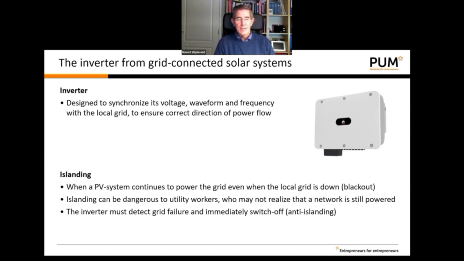But if a solar system is still powering the grid, it creates dangerous work, because the utility workers think there is no power on the grid, no voltage, but the solar system makes that there is power on the grid. So the inverter must detect a grid failure and then immediately switch off. That's called anti-islanding.